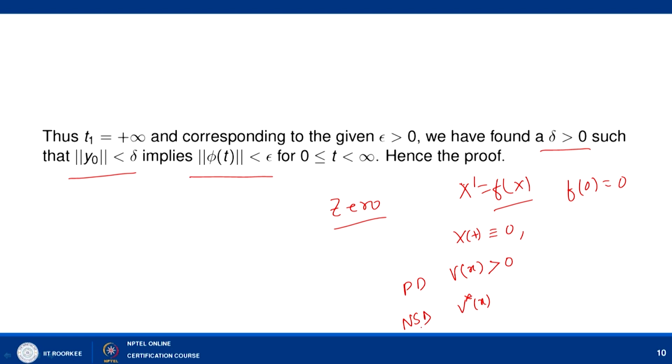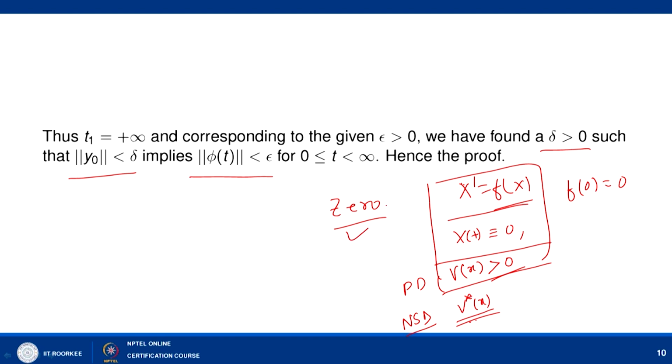If you look at the expression of V of x, we have not said that it is somewhere related to x dash equal to f of x. How to find V of x is up to us, such that V star x, the derivative of V x along the system x dash equal to f of x, satisfies the condition that it is negative semi definite, then your 0 solution is a stable solution.